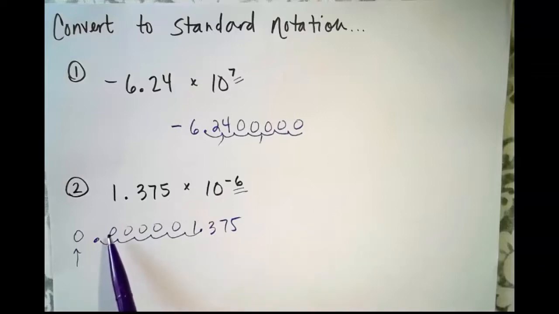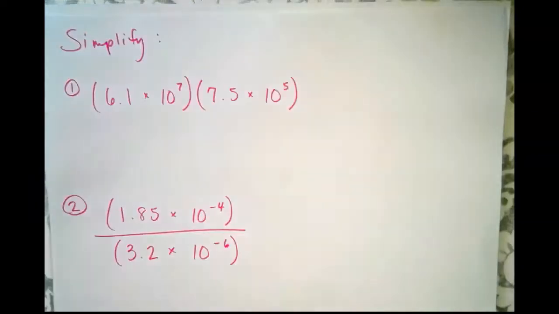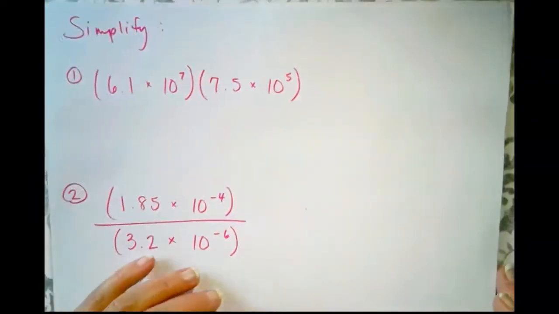And good grief. Tenths, hundredths, thousandths, ten thousandths, hundred thousandths, millionths. So this is 1,375 millionths. Crazy small number.